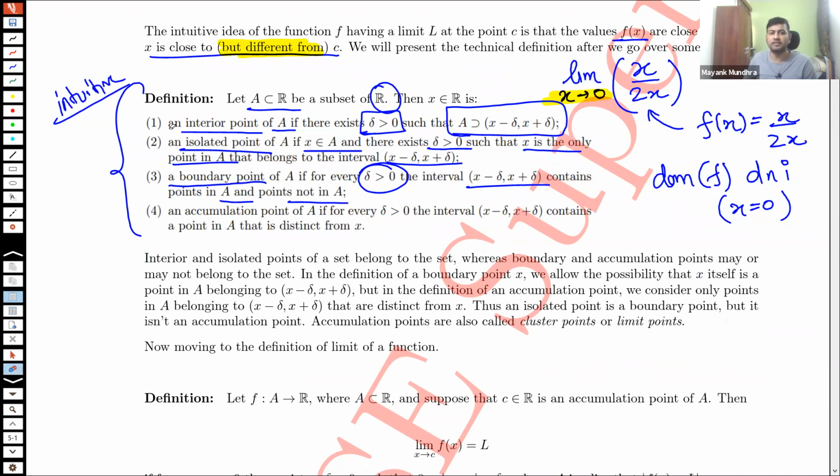So these three definitions are very intuitive. The fourth definition is going to be something new, and this is something which is interesting. An accumulation point of A is a point such that for every delta neighborhood around that point, it should contain points in A that are different from x.